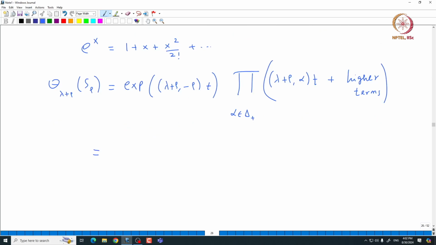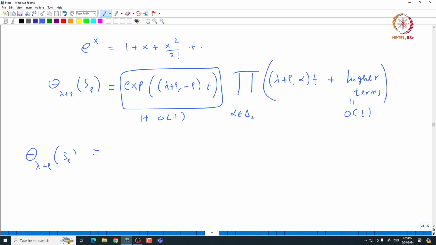So, this is exactly equal to, because this exponential is going to be 1 plus some order of t, so this is also O(t). If you use this, then you can write θ_{λ+ρ} S_ρ to be the product of ⟨λ+ρ, α⟩, α in Δ⁺, where t^n you can take out, and n is the number of positive roots.